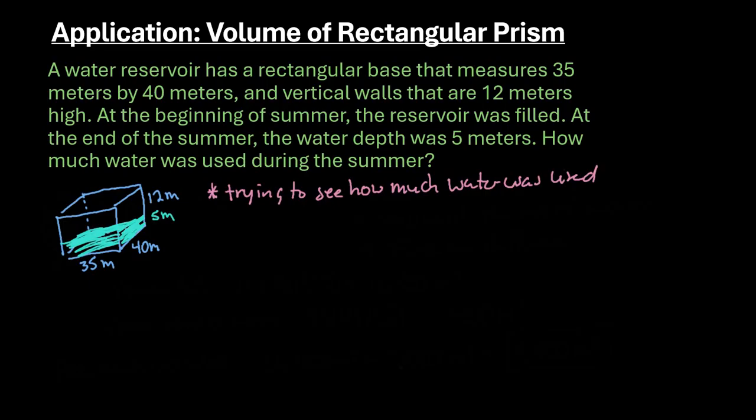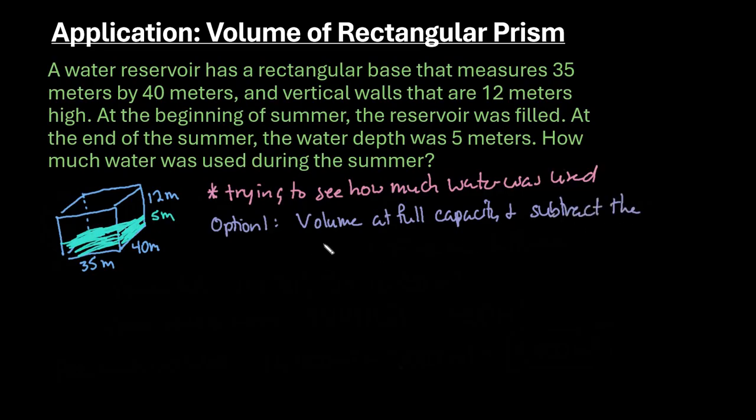So on this one, there are actually two approaches that you could take to this problem, and it's kind of up to you which one you choose. The first option is to find the volume at full capacity and subtract the volume at the end of the summer.